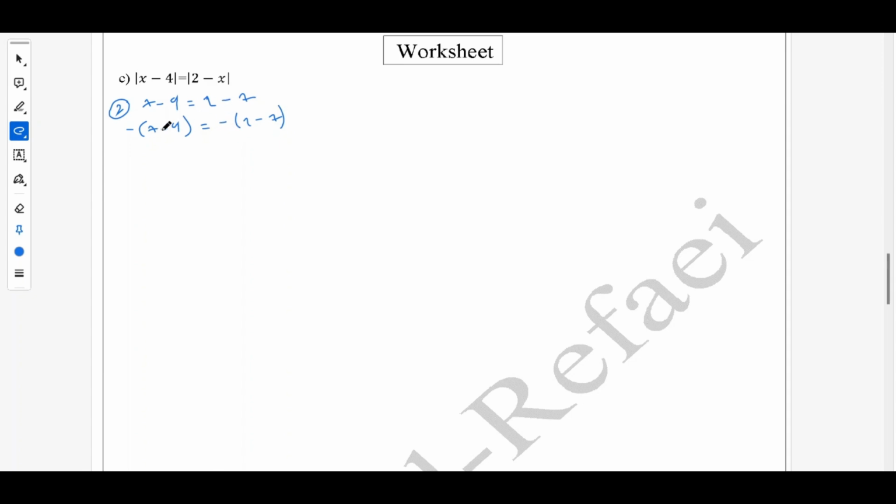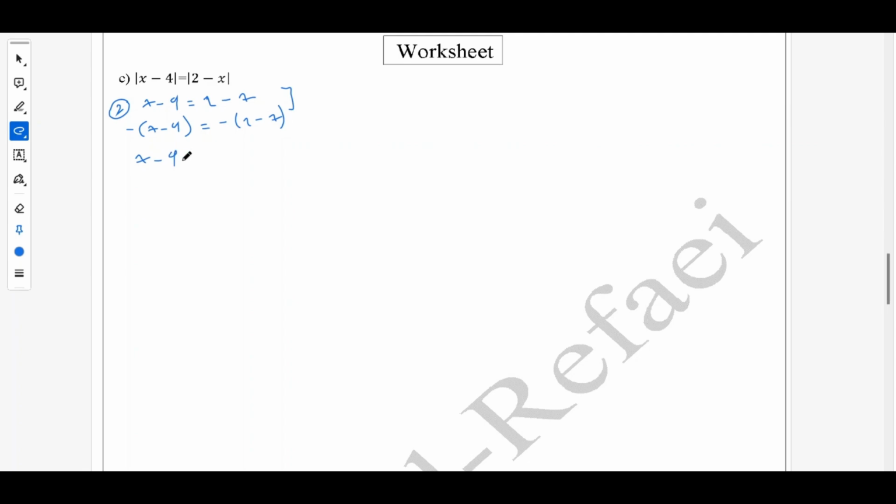Both of them positive, both of them negative. Whether I use both positive or both negative, I'm going to get the same answer, by the way. So no need to do these two steps. One of them is enough. I'm going to use the positive.